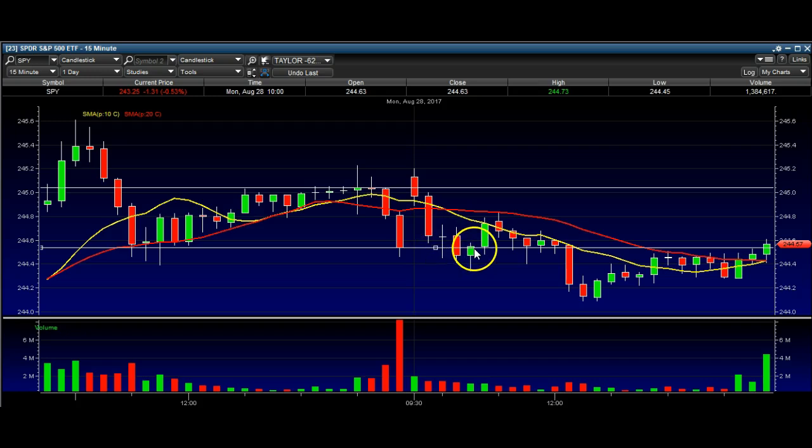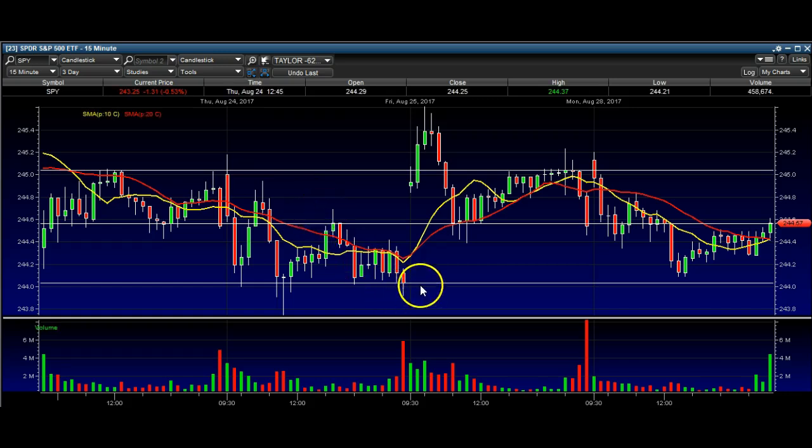Not bad. Next we were going to target the gap fill below, and I'll show you where that is. Again, here's today's action, and then here's yesterday's action, and the day before that right here. This is Thursday's action, as you can see, and there's a gap to fill right there.